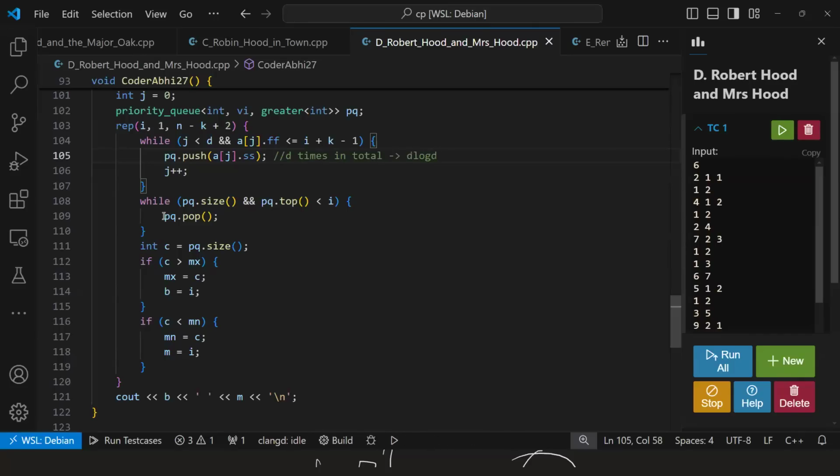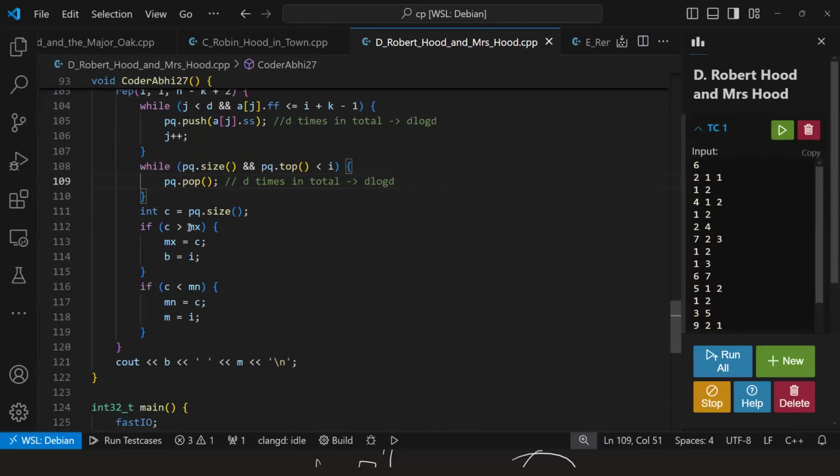And this pop operation at max, in the priority queue, if there are d insertions, there can be d erases also, not more than d. So at max, this pop operation is running d times, so it would have a complexity of d log d.